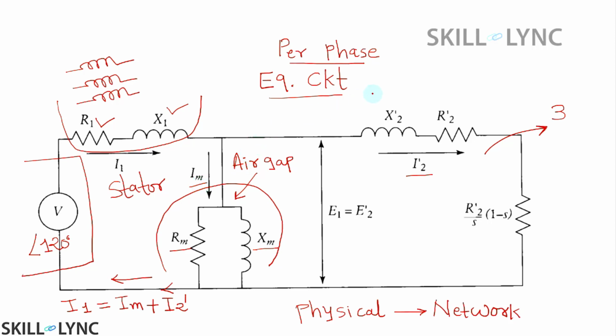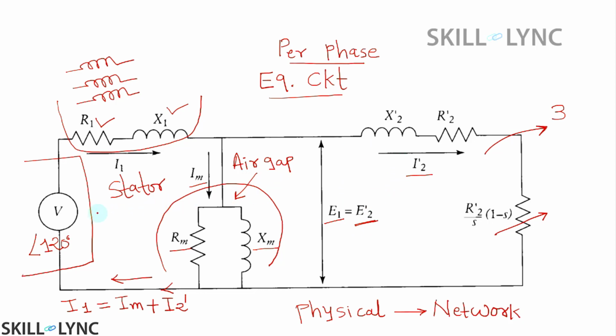Now going to the rotor part, this section of X2 dash, R2 dash and another fictitious variable resistance are known as the rotor parameters. If I consider the per phase stator voltage V, this E2 dash is going to be the same because these two circuits are connected in parallel, and in parallel connection the voltages remain the same.